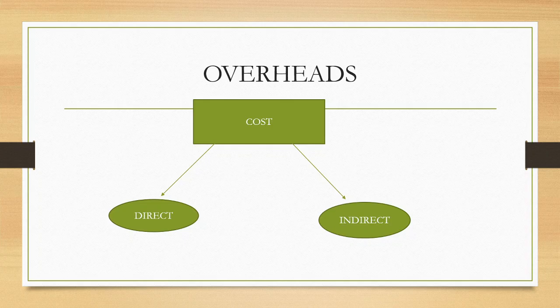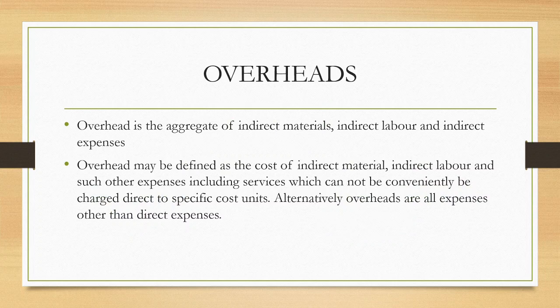Now we have factory on cost, which means factory overheads. Office on cost means office overheads. So these overheads are the aggregate of indirect materials, indirect labor, and indirect expenses, which means it is the sum total of all the indirect cost, that is indirect material cost, indirect labor cost, and indirect expenses.